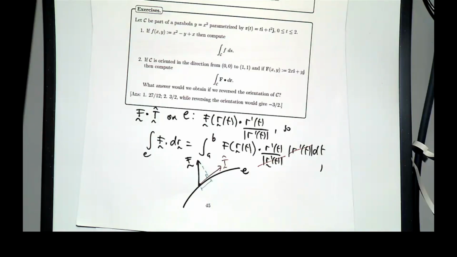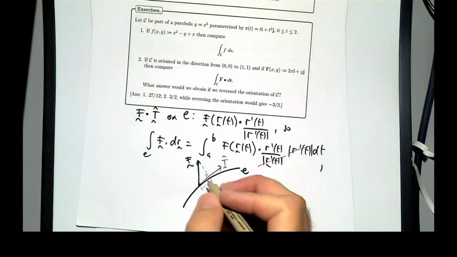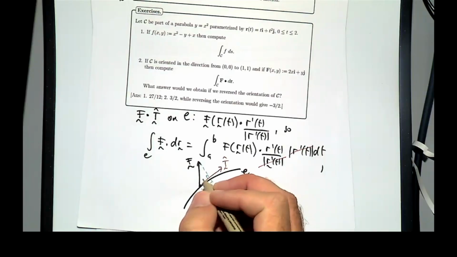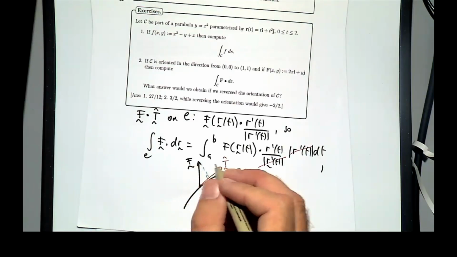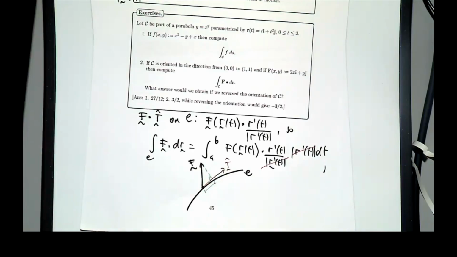Okay? Now, but there's also another thing going on here. When we're doing these problems, we get an answer, a number, right? We're kind of measuring how closely F lines up with the tangent vector, or the curve itself. Okay?